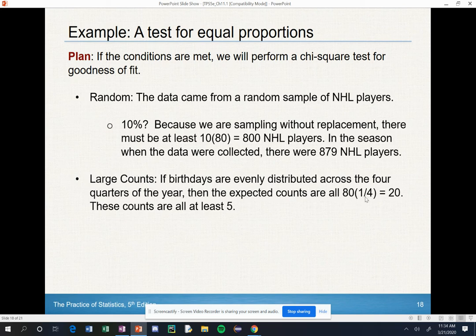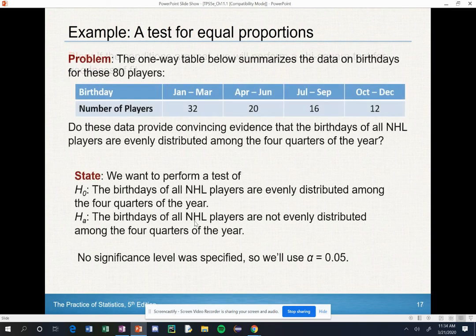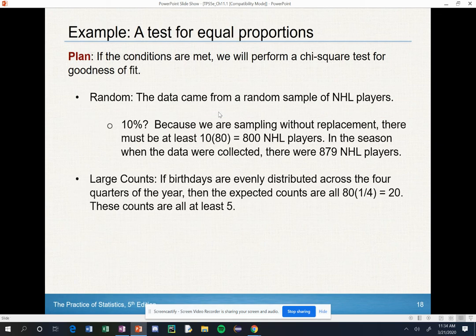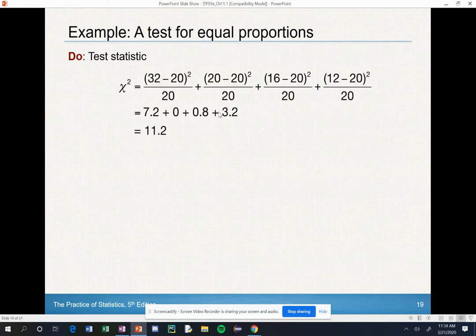Well, 80 divided by 4 is 20, so that is the expected count for each and every single category. Notice, even though we got 32 observed, we're expecting this one to be 20, 20, 20, and 20.